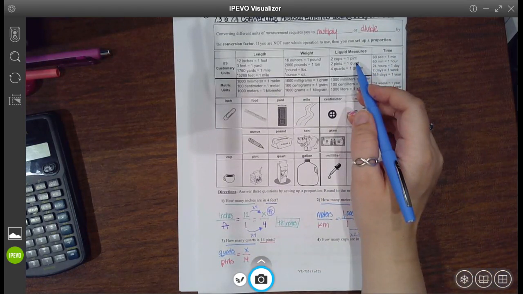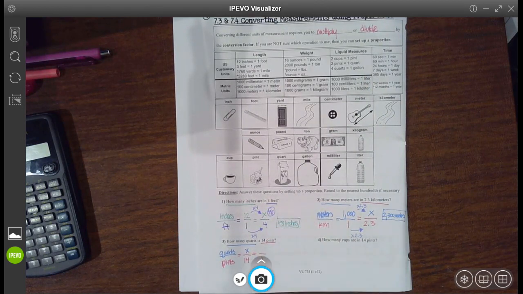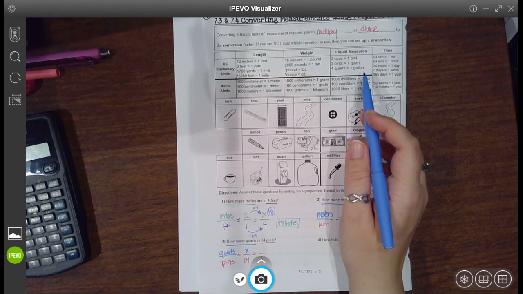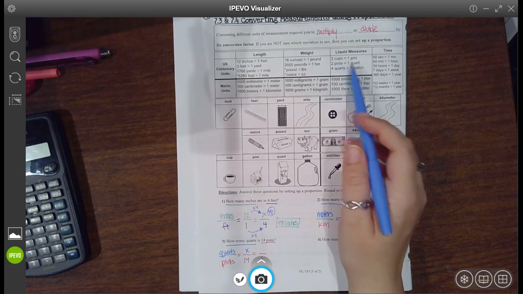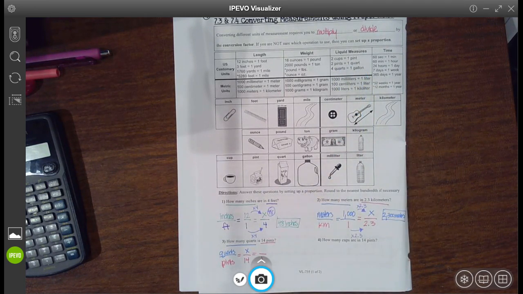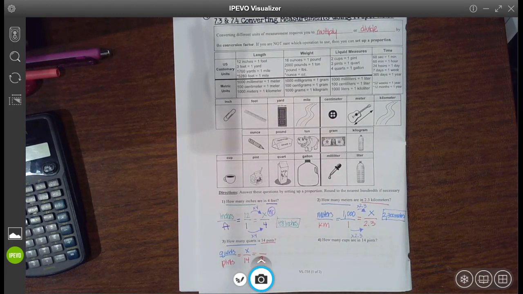So they said 1 pint, pints are on the bottom, is equal to, nope, not that. Actually, I messed up. Look, 1 pint to 2 cups, but I'm doing 1 quart to 2 pints. So actually, it should be 2 pints equal 1 quart.